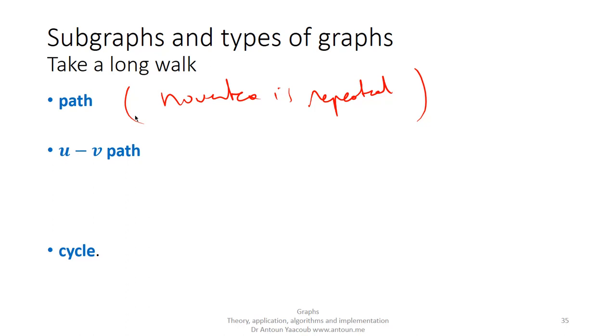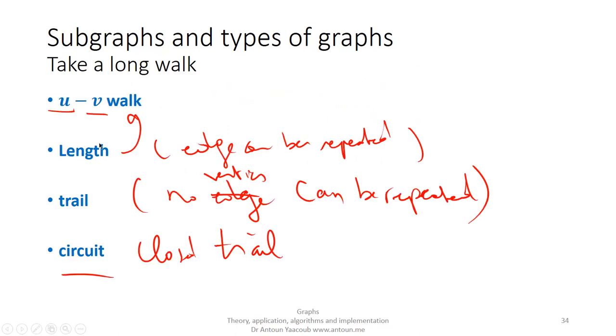What else? We have a UV path. Whenever I have a path that joins U and V, no vertex is repeated. So it's a UV path. We see that every UV walk contains a UV path, since a walk can repeat vertices and edges, obviously.